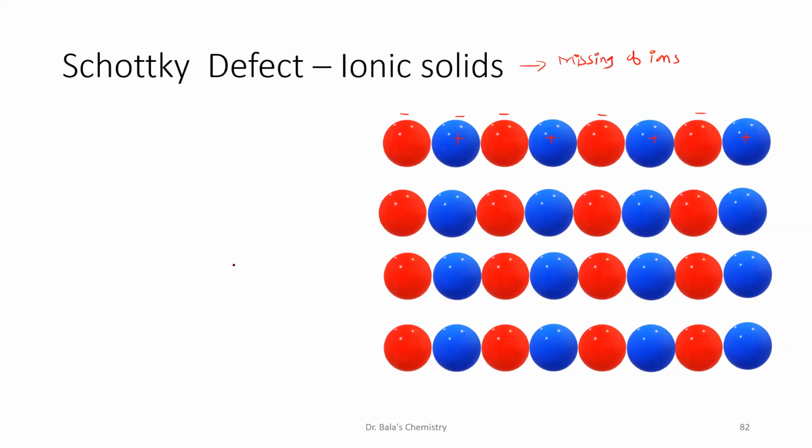So in Frenkel defect, the ion is dislocated from its original position to an interstitial site. But here, the ions go missing, the entire atom is missing. And here also neutrality is maintained.